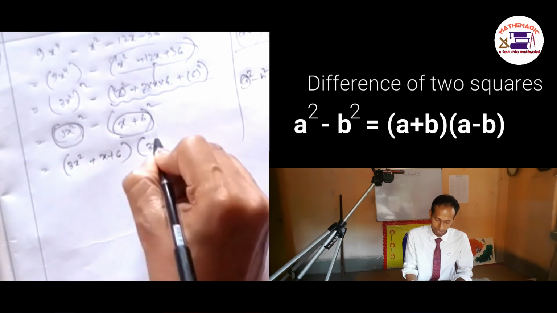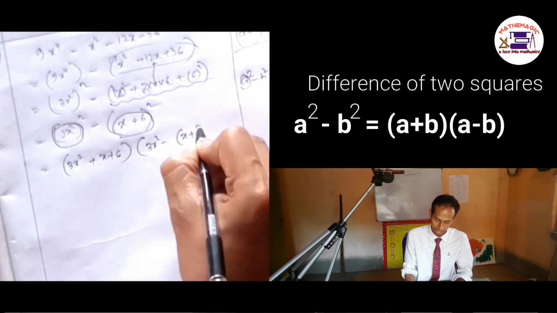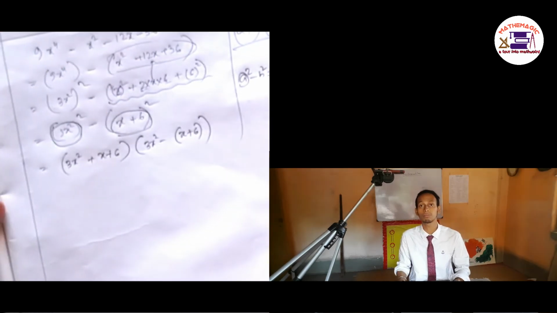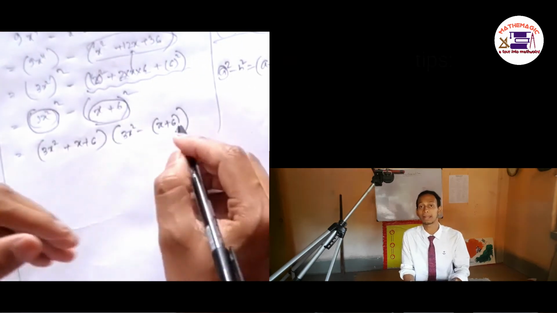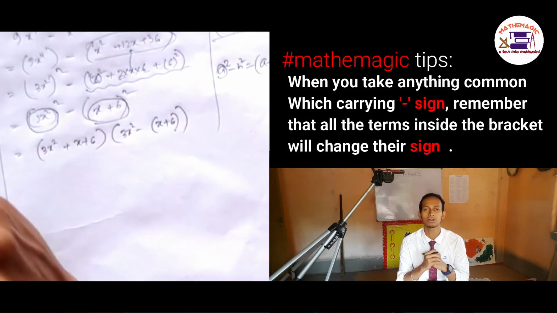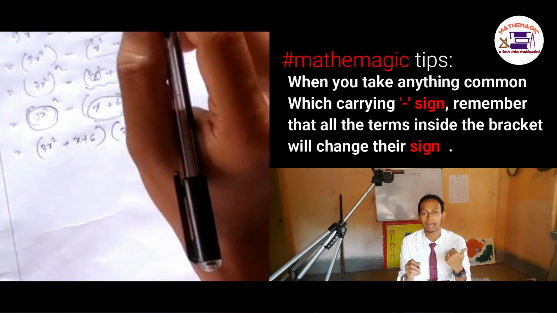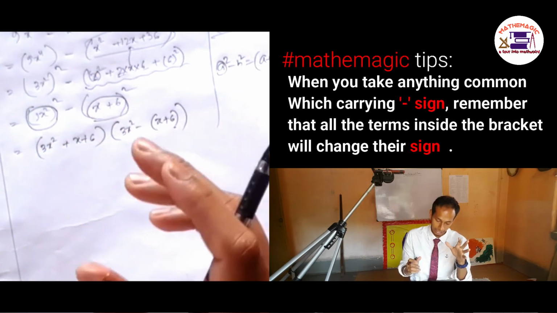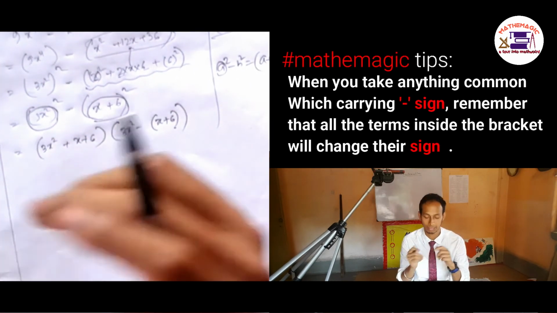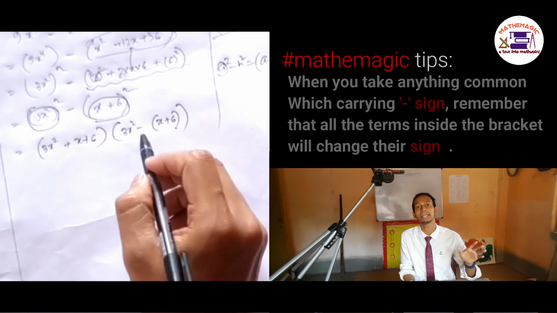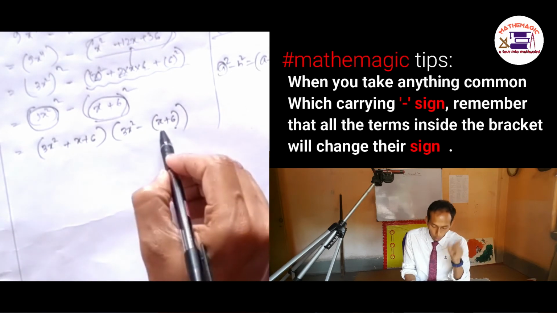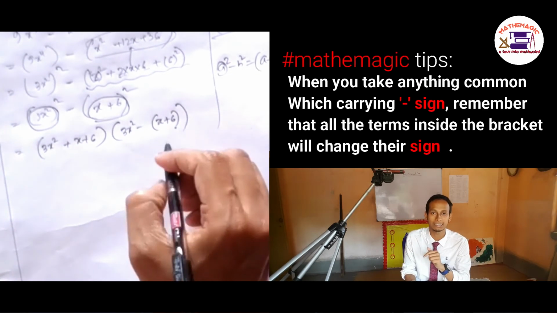Now a minus b. Now maybe some student will be questioning why I have used a bracket over here. Remember one thing: if there are two terms before the minus, you use a bracket, because the minus sign will change the sign of all the terms inside the bracket.